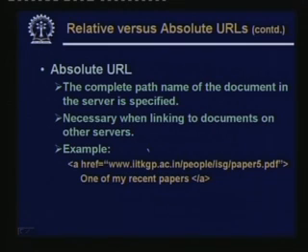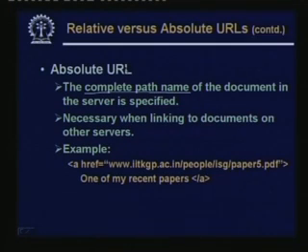Now, absolute URL refers to the complete path name of the document in the server specifier. When you say complete path name, this also includes the name or address of the server. Now, this absolute URL is mandatory, this must be used when you are linking to documents on some other server.